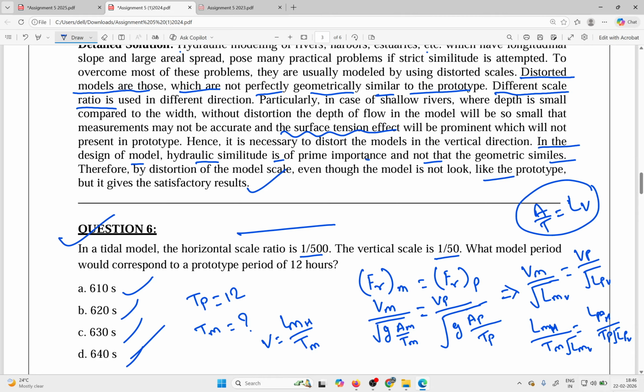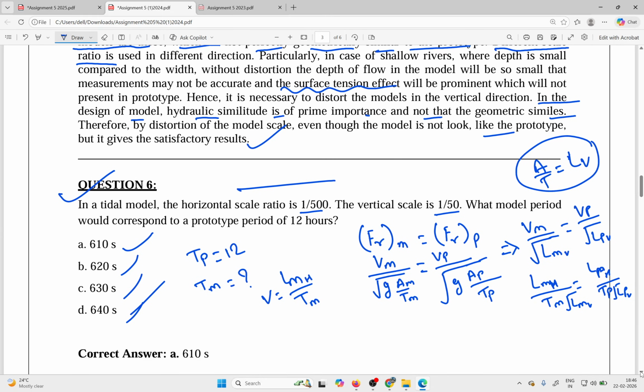Now Lm horizontal by Lp horizontal into root Lp vertical by Lm vertical is equal to Tm by Tp.